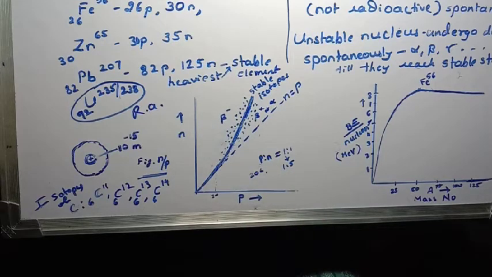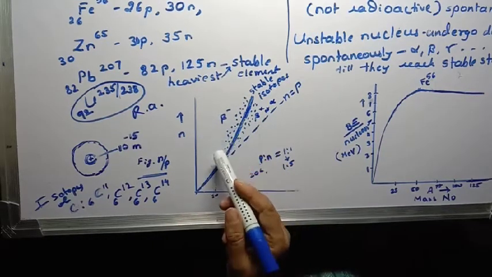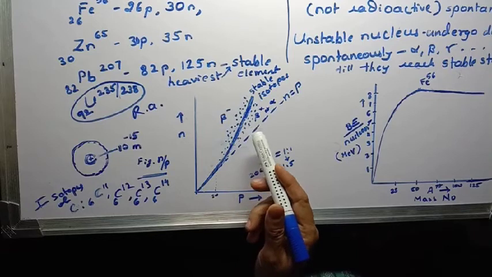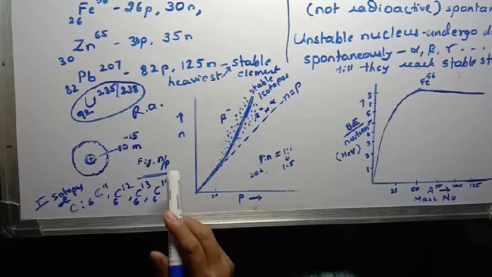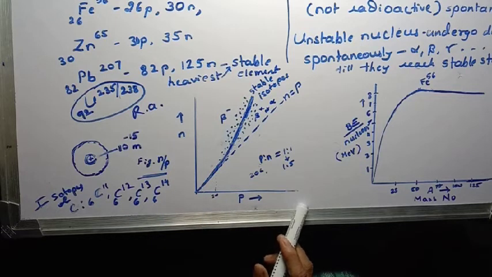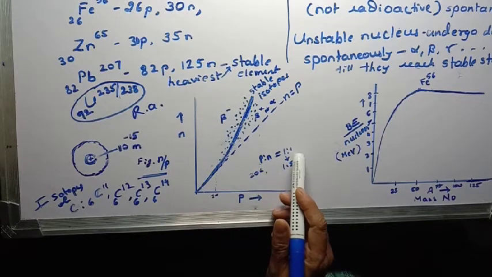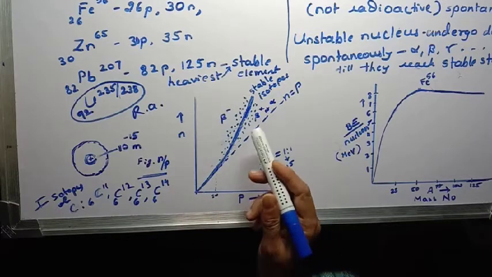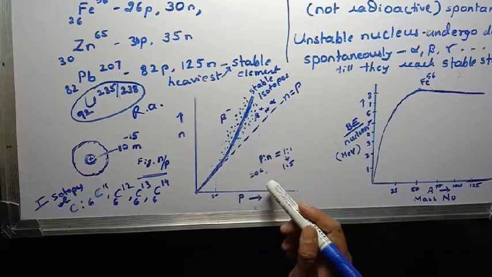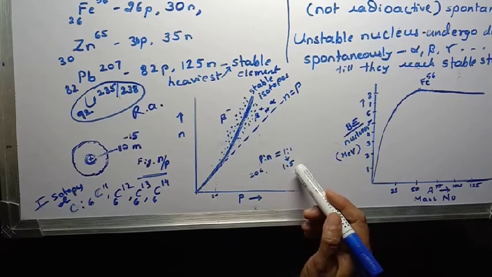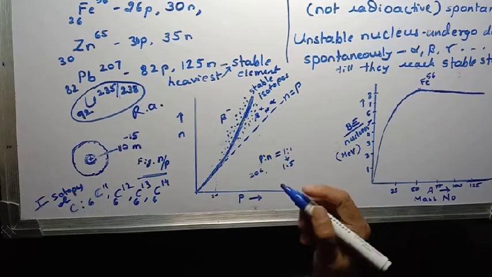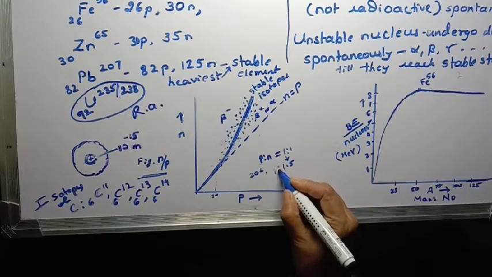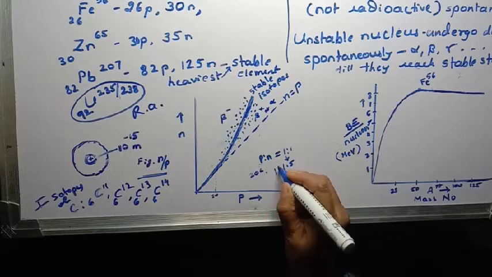There are many elements which exhibit two, three, four isotopes. Taking all the isotopes of those elements, when you draw the number of neutrons present in them versus the number of protons, up to 20 the ratio is 1:1 and they are quite stable. Further, the ratio increases from 1:1 to 1:1.5.